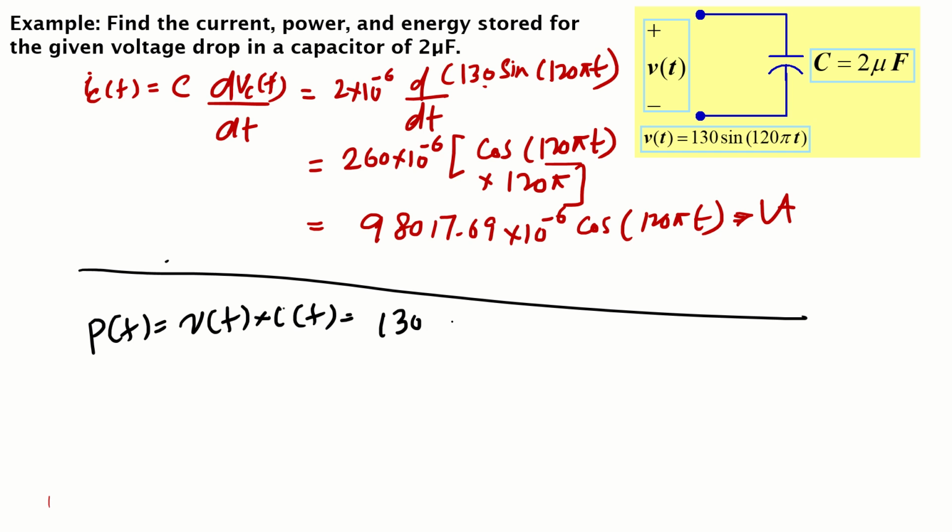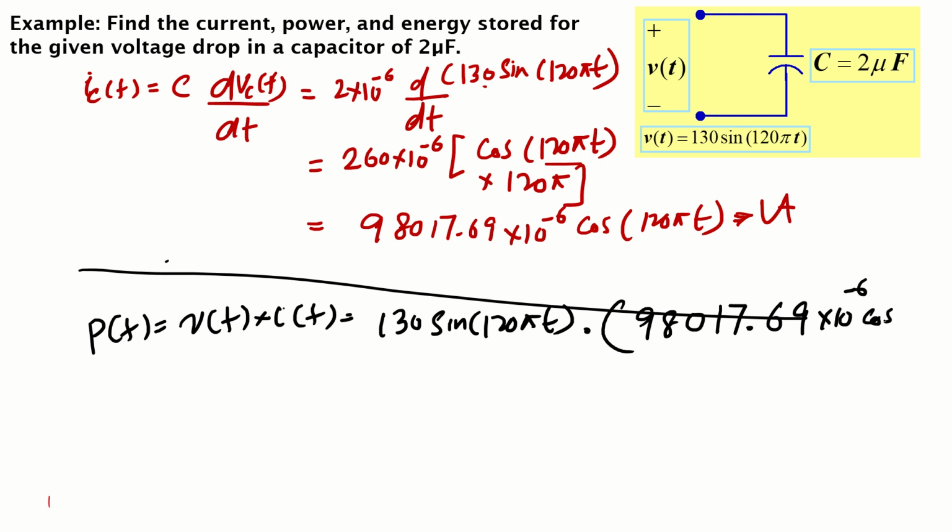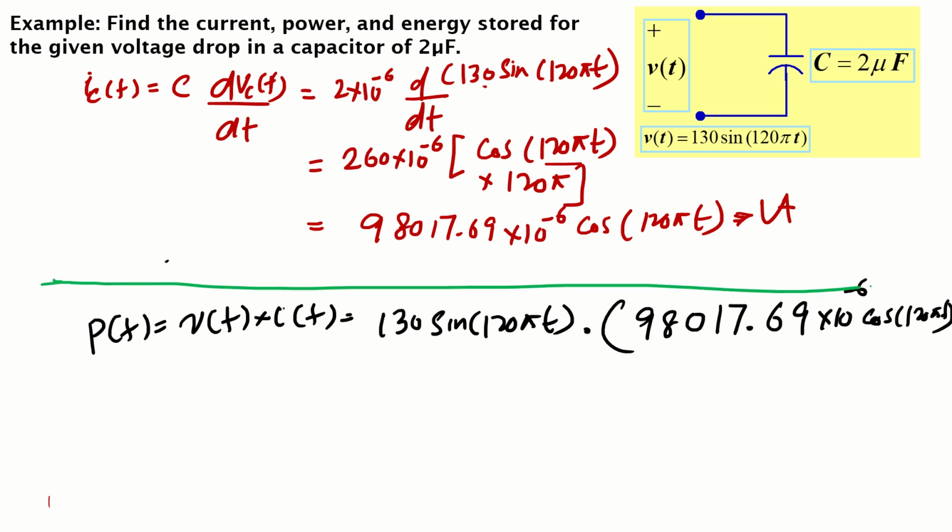The voltage is 130 sine 120 pi t, and the current is 98017.69 times 10 power minus 6 cosine 120 pi t. So this is my power. Further we could simplify if you wish, but this is just a multiplication of voltage and current. Simple.